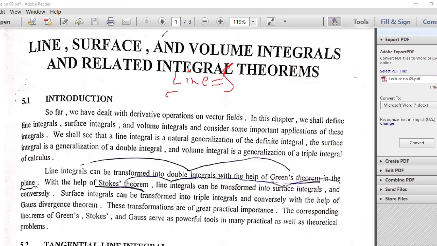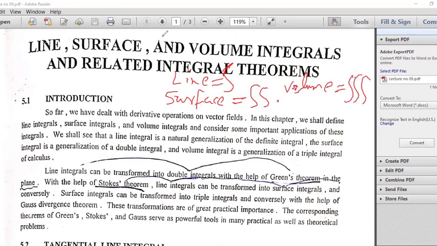When we discuss the surface, then students, in the back of the mind we use the double integral. And when we are working with the volume, then students, the integral that will be used in the problem of volume is the triple integral.